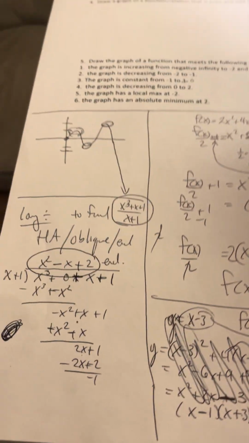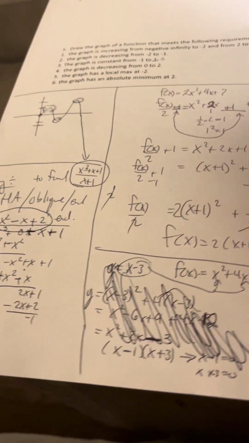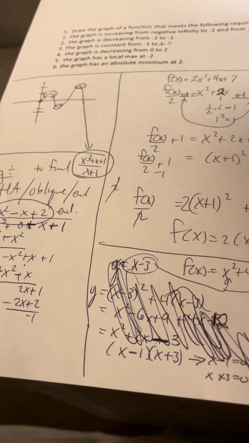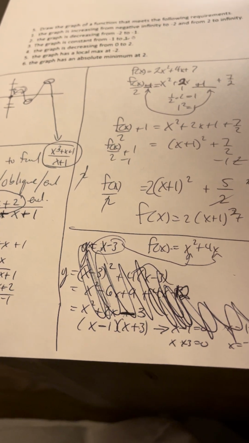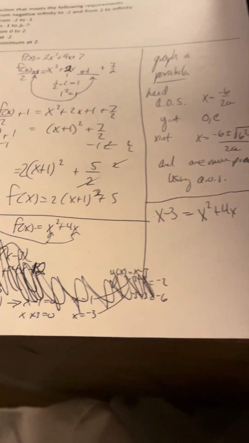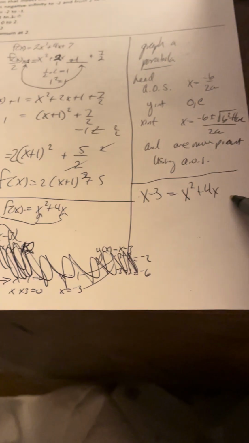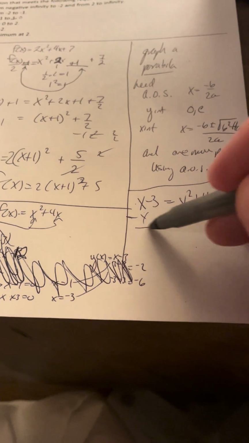So what we need to do is, because this y and this y are equal at that moment, we set them equal to each other, and we actually have x minus 3 is equal to x squared plus 4x. Move everything over, set it equal to 0, so minus x minus x.